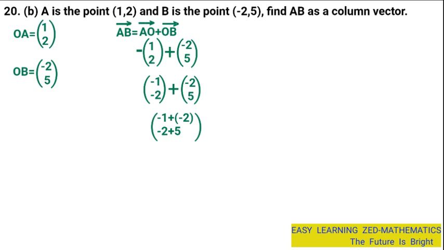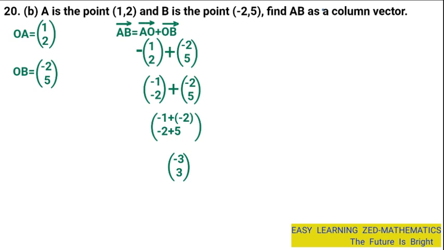Negative 1 plus negative 2 will give us negative 3. Then negative 2 plus 5 will give us 3. So that is the column vector of AB. So that's a column vector.